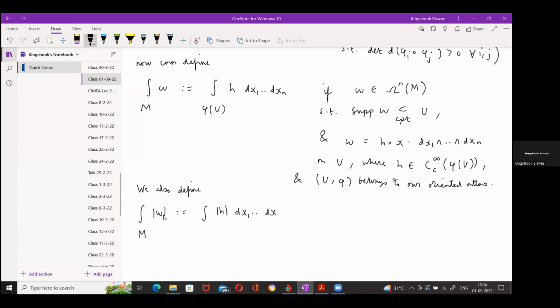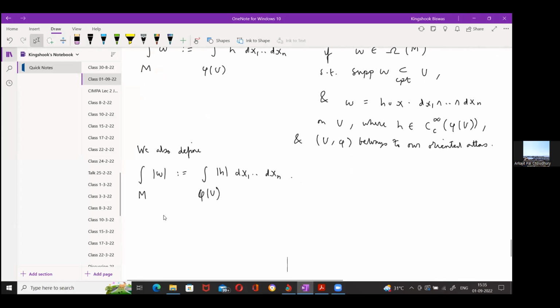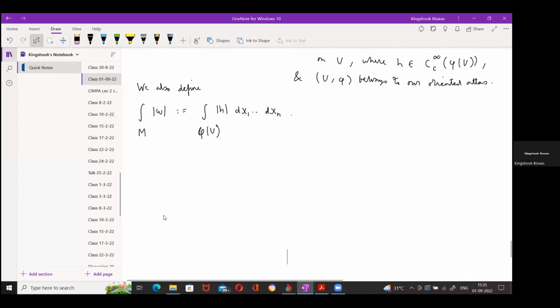So this is sort of an L1 norm of my form actually. We define this because I want to define, for a non-compact manifold, what the integrable n-forms are.